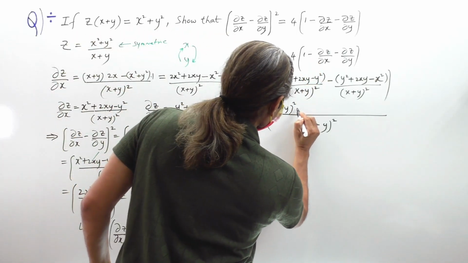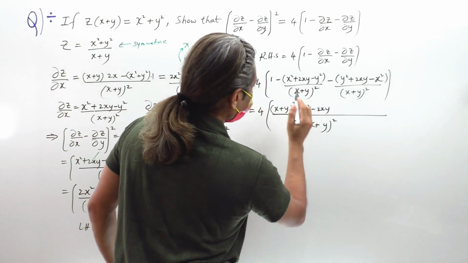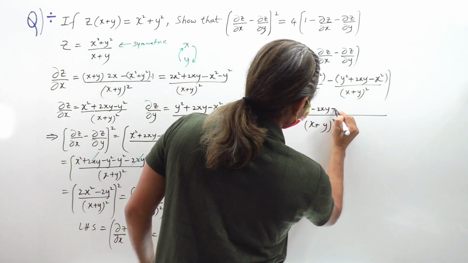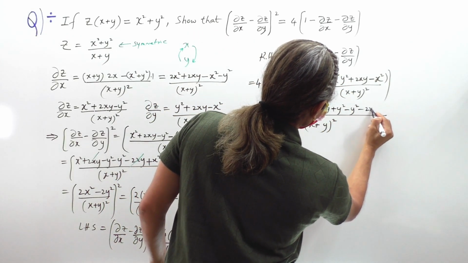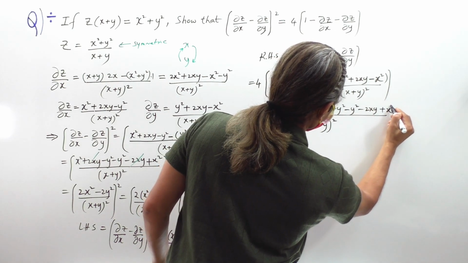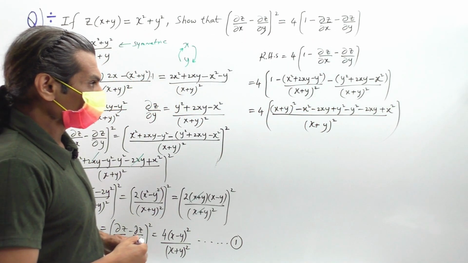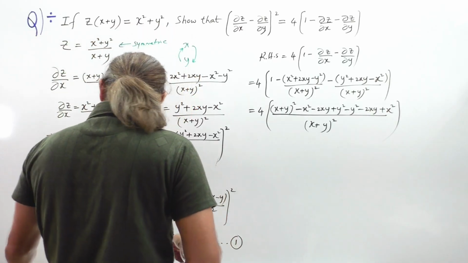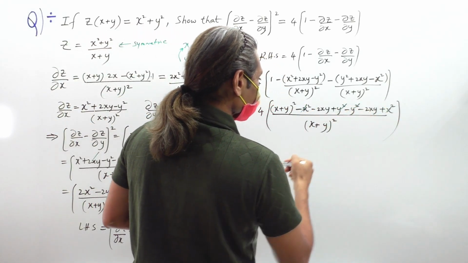Now open the bracket: minus x squared minus 2xy, minus into minus plus y squared, again minus y squared minus 2xy plus x squared. Okay. Now if you see here, x squared and y squared cancel.